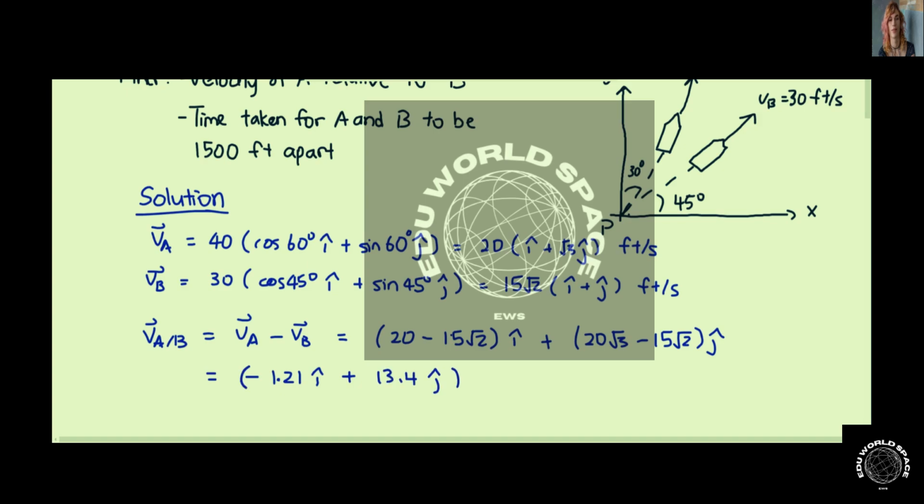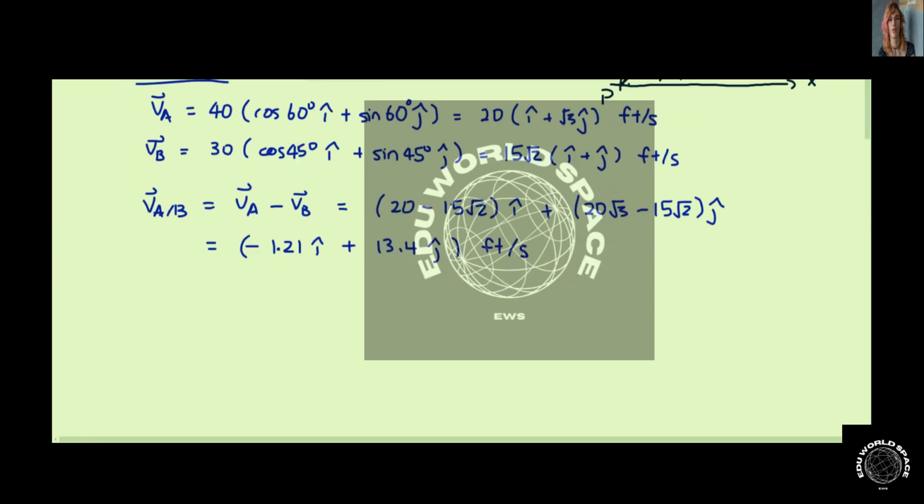To find the magnitude, you square the x component, add it to the square of the y component, and take the square root of the sum, and you get 13.5 feet per second.